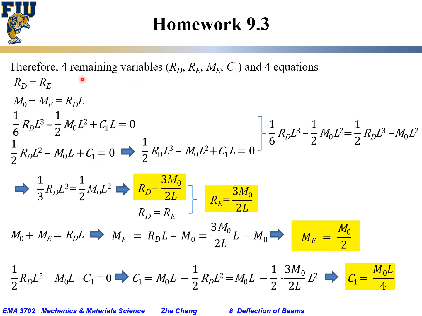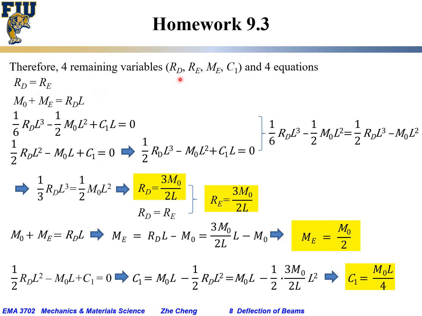So from the previous, C2 is 0. We still have 4 remaining variables: Rd, the reaction force at D, Re, the reaction force at E, Me, the reaction moment at E, and the first integration constant C1, and 4 equations.